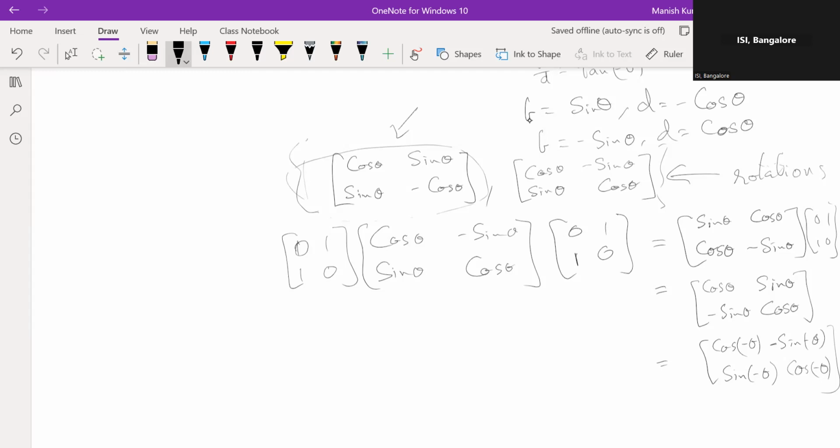No, this is not right. I want to get this particular matrix, and I'm not getting that matrix. So something is wrong. Why am I not getting this matrix?